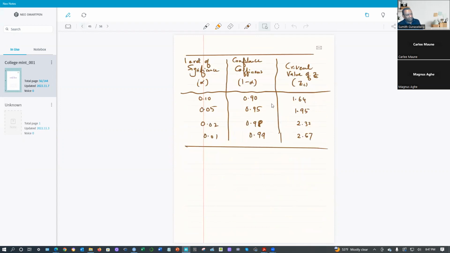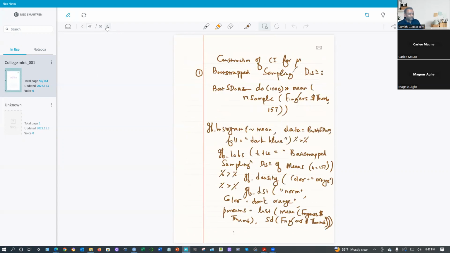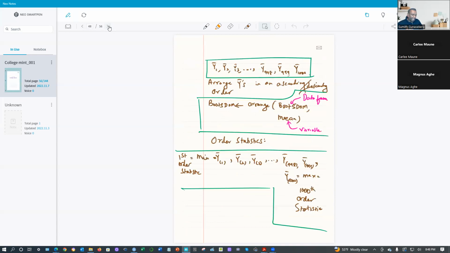If your confidence level is 90%, the critical value is 1.645. For 95%, 1.96. For 98%, 2.33. For 99%, 2.57. You don't have to put it like that. It's better to write the code because that's the training you really need. Use as much R code as you can. In that way, you get good practice.